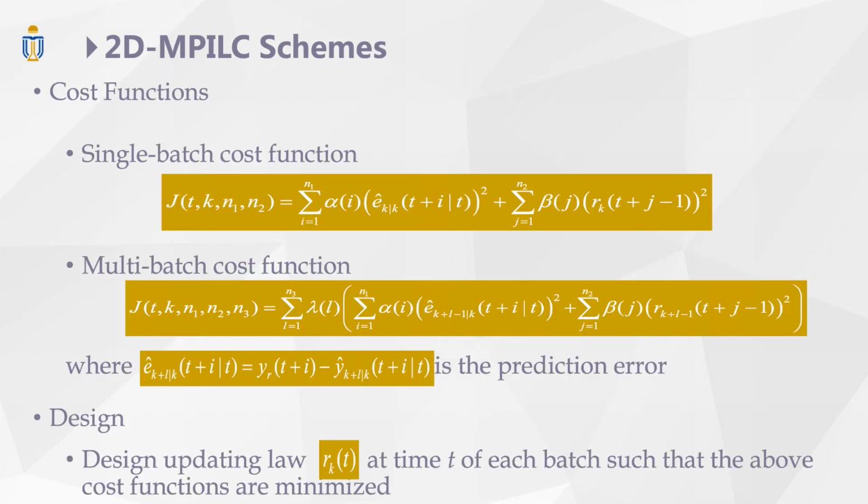Correspondingly, we have a single-batch 2D MPC cost function designed in this way, or a multi-batch MPC cost function designed in this way. By optimizing this cost function, we obtain our updating control law, RK.